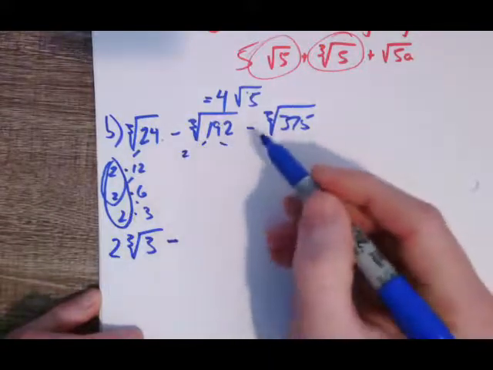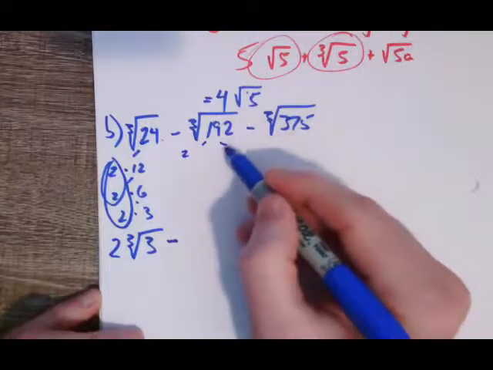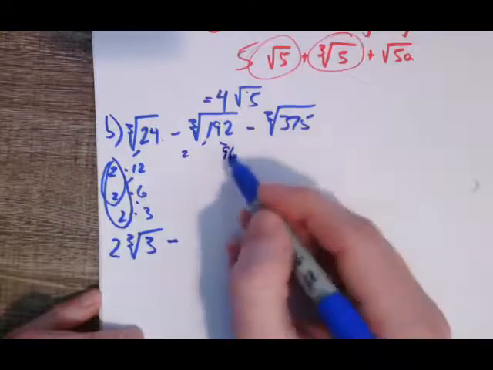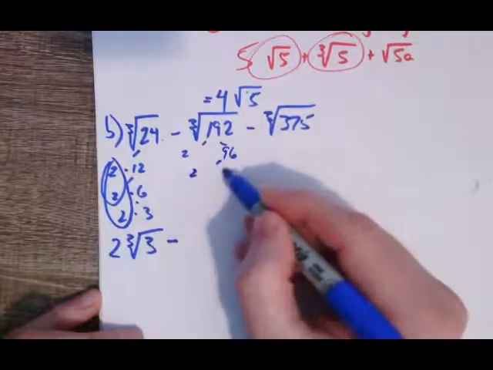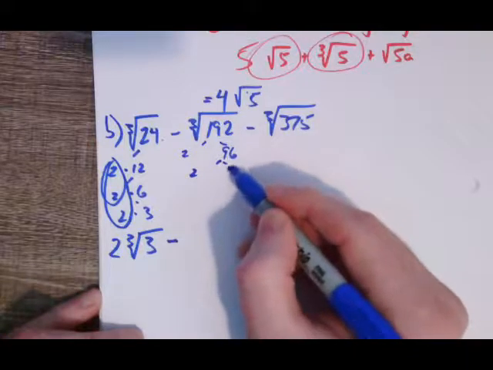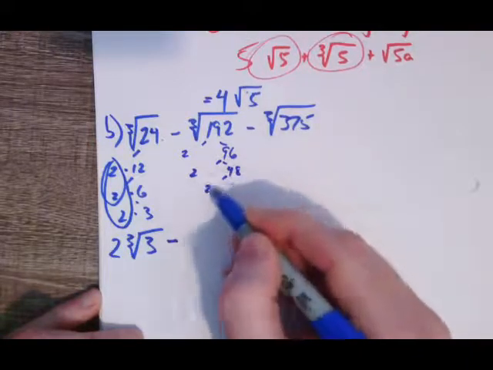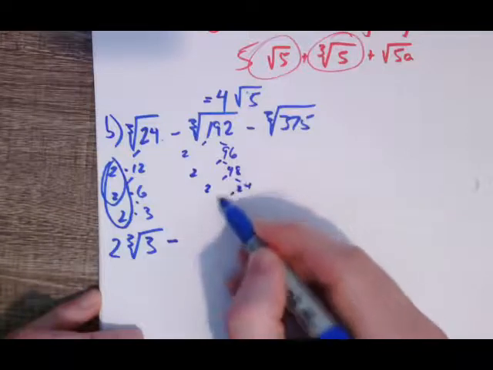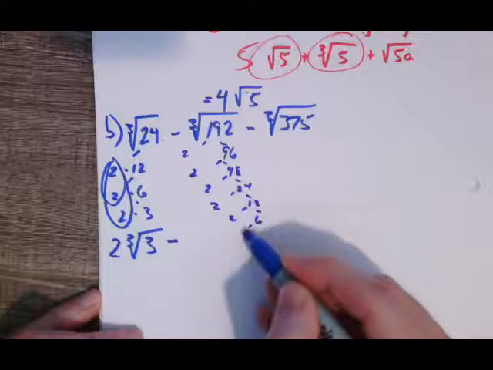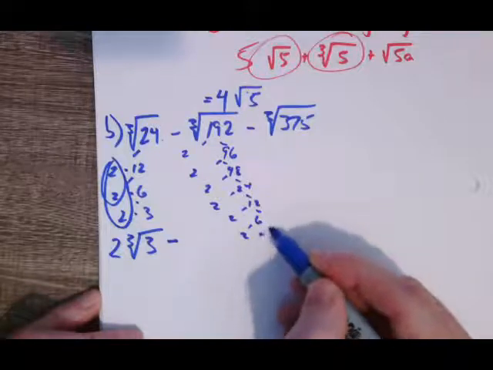192 is 2 times 96. Is that right? Yeah, 2 times 96, which is 2 times 48, 2 times 24, 2 times 12, 2 times 6, 2 times 3.